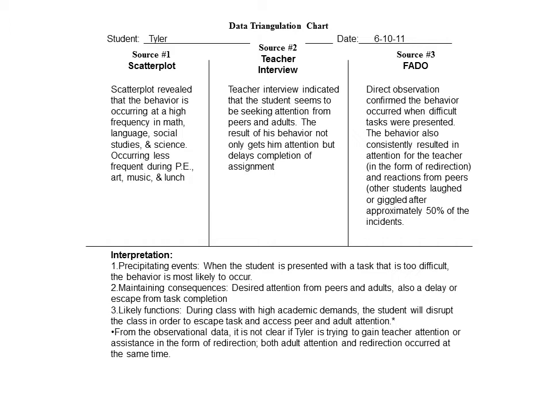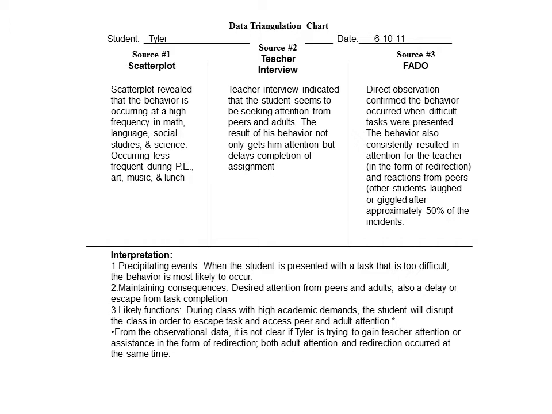When we actually collected some functional assessment observation, this pretty much confirmed what the teacher had said. Sometimes that isn't the case, but in this case it was. When Tyler would engage in these behaviors, he would blurt out answers and say inappropriate things and laugh. There were some other things he would do. Other kids would laugh at this time.